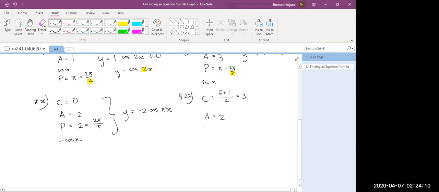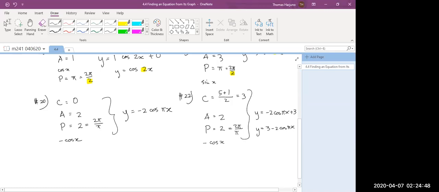And the period? 2, so that's 2 pi over pi. And the shape is sine or cosine? Negative cosine. So when we put them together, this is y equals negative 2 cosine pi x plus 3. Or sometimes in my test, I write the constant first, 3 minus 2 cosine pi x.